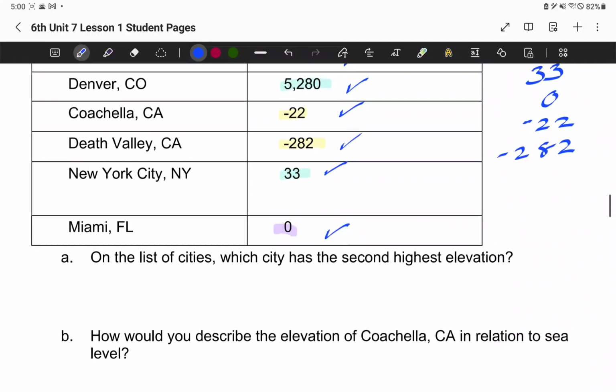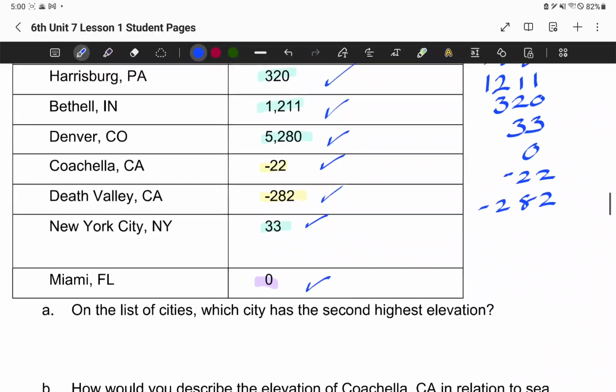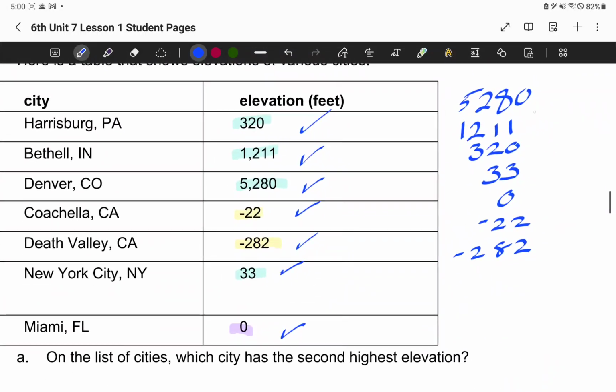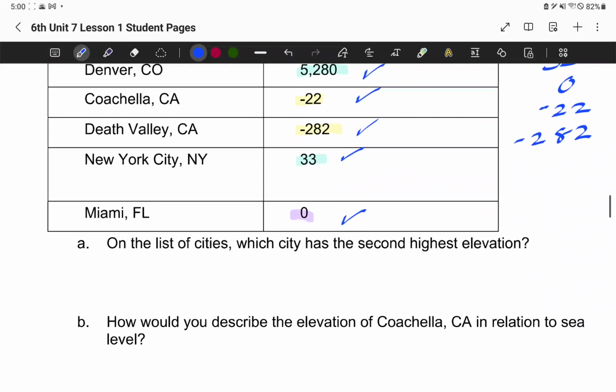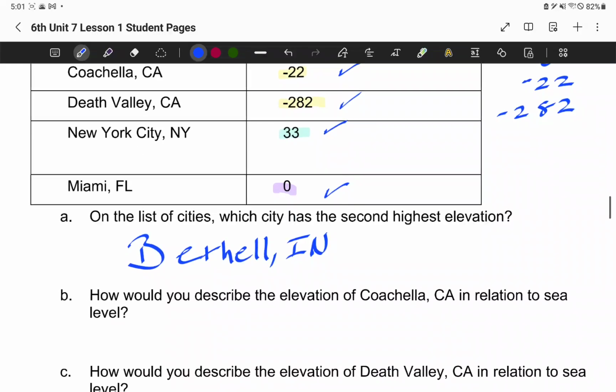So, on the list of cities, which city has the second highest elevation? Well, that's the city with 1,211, so Bethel, Indiana. Now, how would you describe the elevation of Coachella, California in relation to sea level?